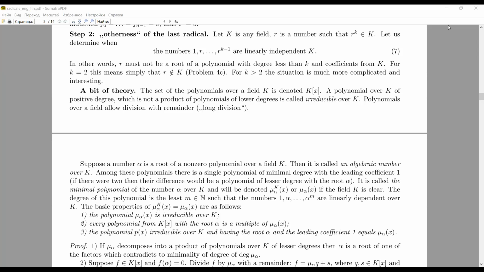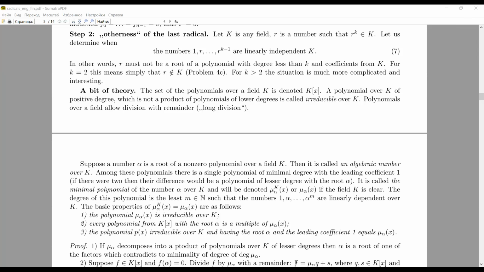So now K is an arbitrary field, r is an arbitrary radical, that is, some number such that r to the power k is in K. What does it mean?